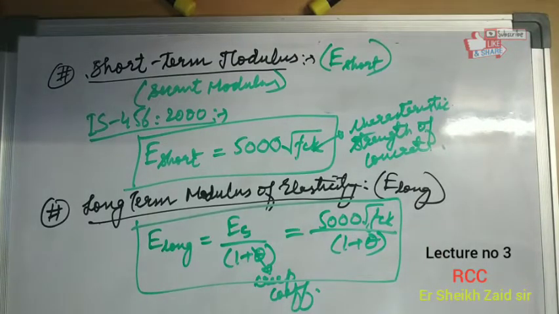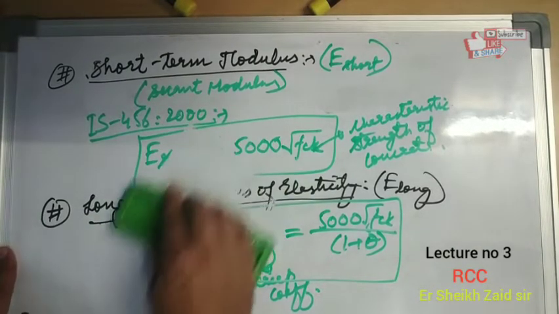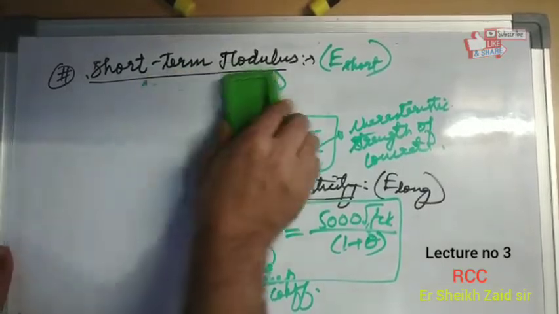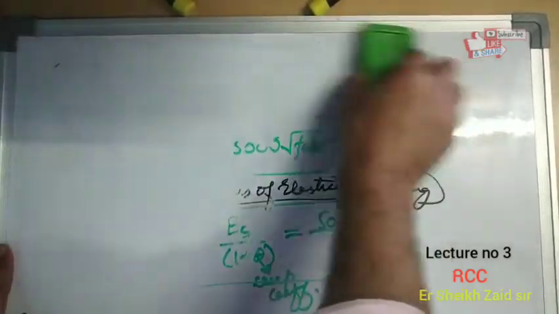See, this creep coefficient is very important. As per IS 456, the value of creep coefficient decreases with the age of loading, and this decrease has been shown in a table which I'll be drawing.